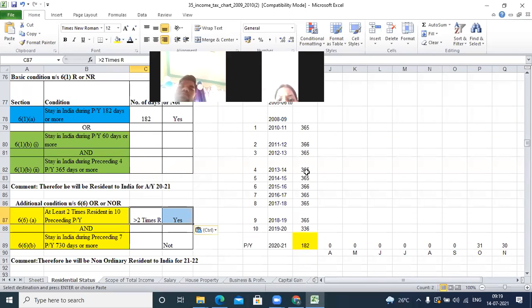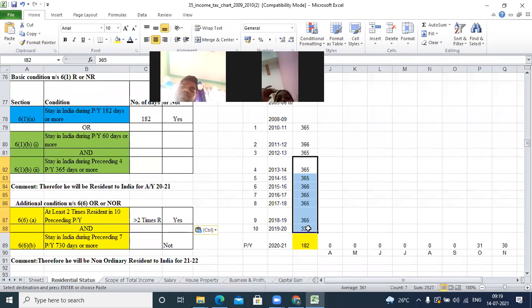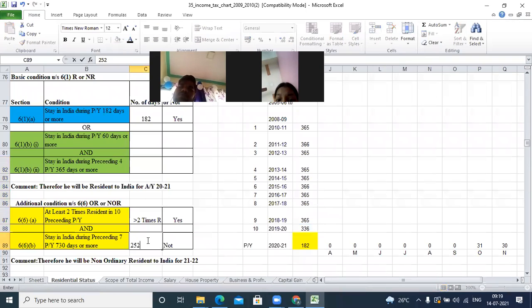And how many days in the 7 preceding previous years? Preceding 7 previous years. How many days? 2527. So this condition is also satisfied.